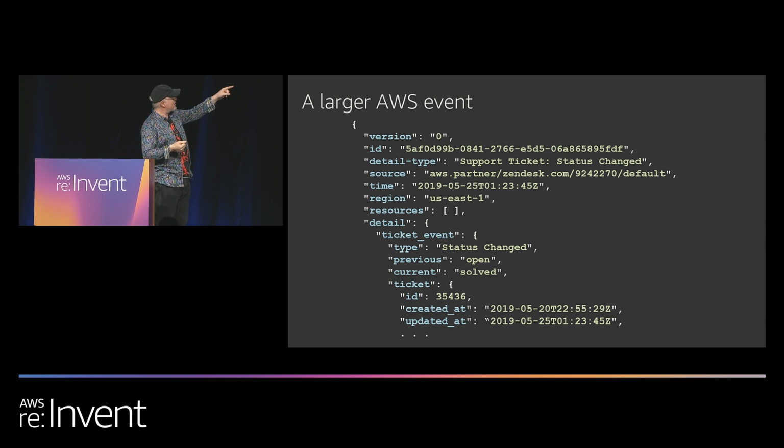But in this particular case, we have a special API that partners of ours can use to inject events for their customers. And so in this case, the source is AWS.partner/Zendesk, and this is a ticket status changed or something like that event. It's too big to fit on a single slide. Last time I looked, the average size of messages on EventBridge is 1K-ish.